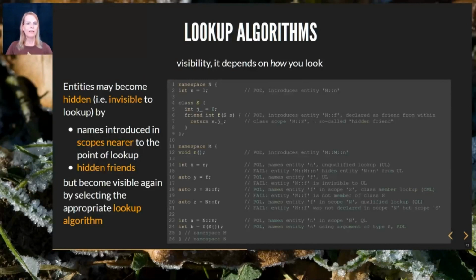Or in the case that you need ADL, argument-dependent lookup, to find an entity, so-called hidden friends. These hidden friends are friend functions that are declared in the class body, but are not part of the class, but rather are technically living in the namespace that surrounds the class.